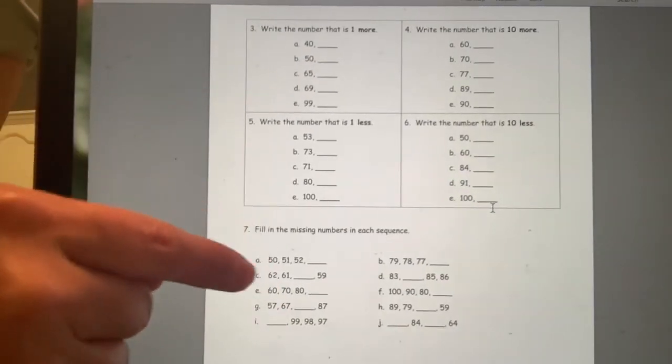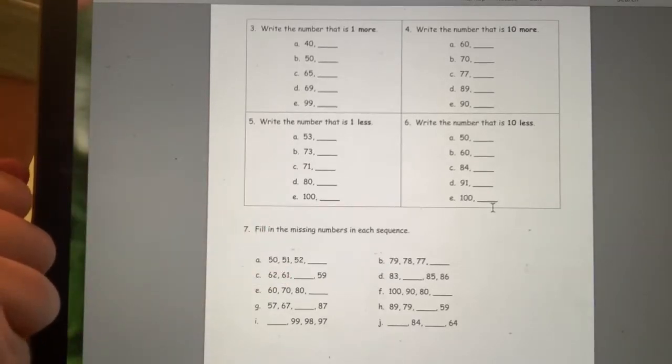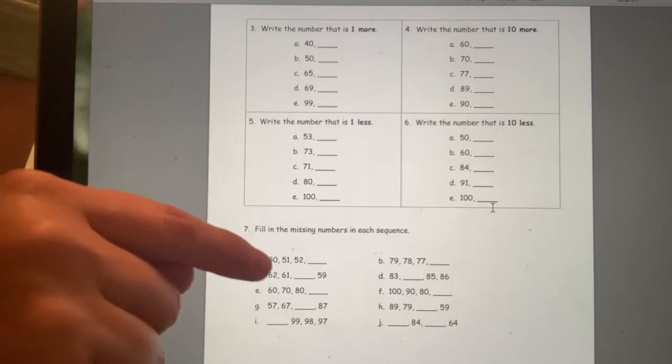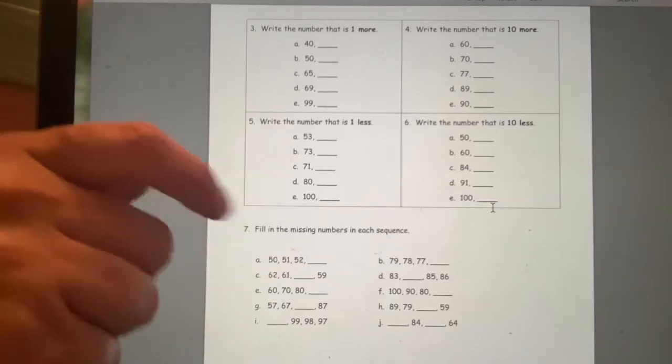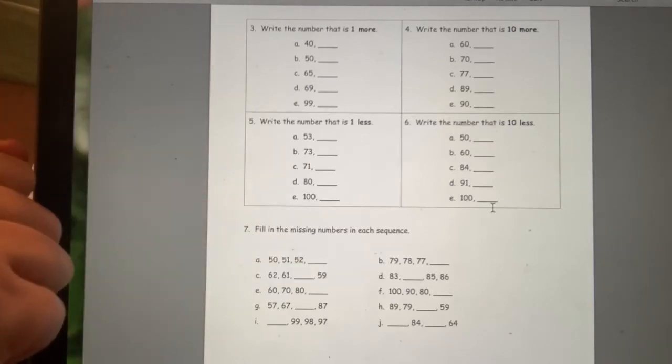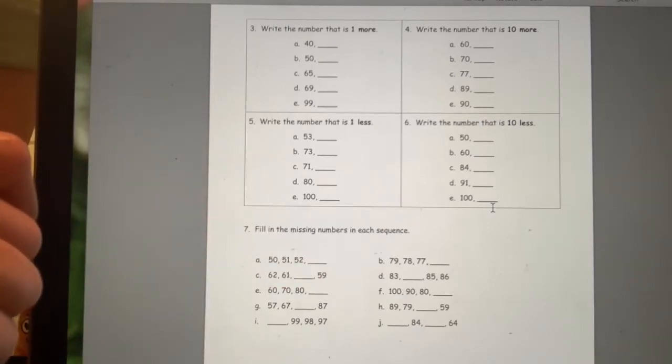Let's do this one. 50, 51, 52, am I counting up or down? I'm counting up. But am I counting up by ones? Am I changing the ones place or am I changing the tens place? Yeah, I'm only counting up by ones. 51, 52, the next number would be 53.